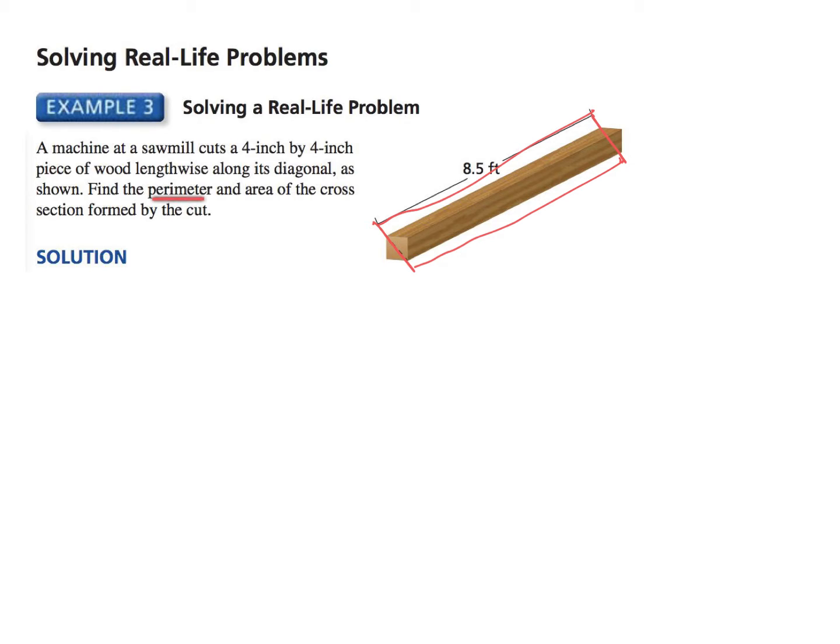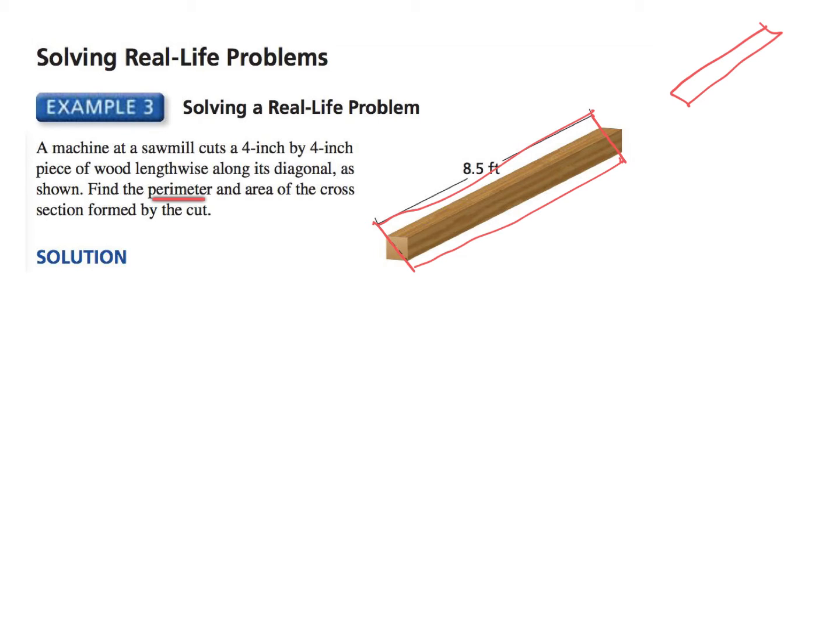But we want to find the perimeter so we don't have to worry about the corners. Right now we just need to focus on how we're going to find the perimeter and the area of the cross section. Just the cross section, that 2D plane that looks something like this, okay?